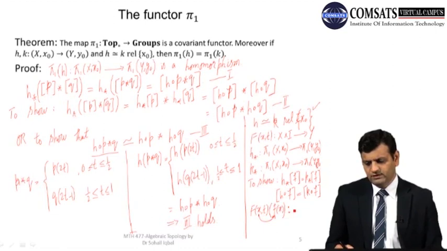So we can say that it's a function from I cross I to Y. Now if I take t equal to 0, then I will get h, in other words h composition f. And if I take t equal to 1, then I will get F(x, 1), which is basically k, so k of f. So t equal to 0 will give me this function, and t equal to 1 will give me this function.